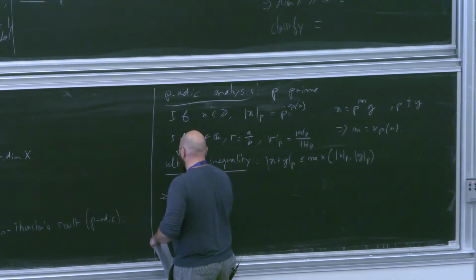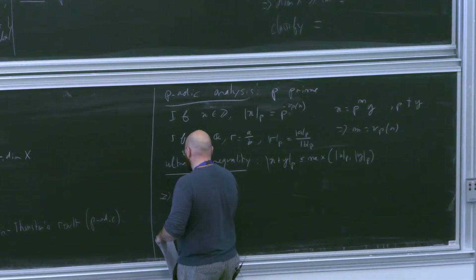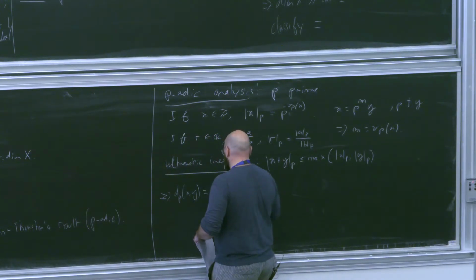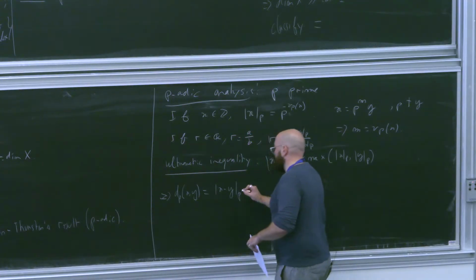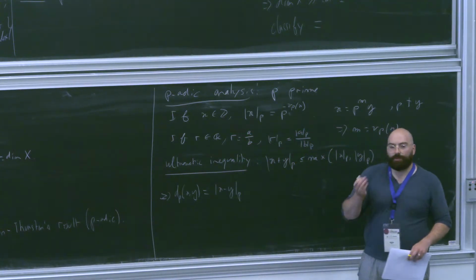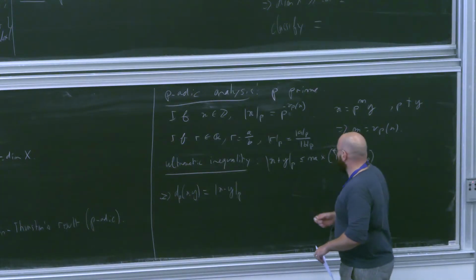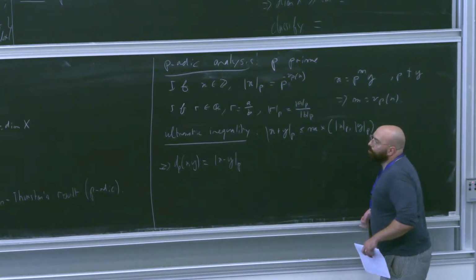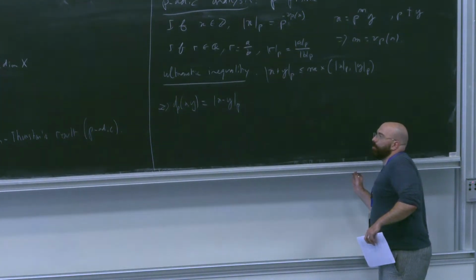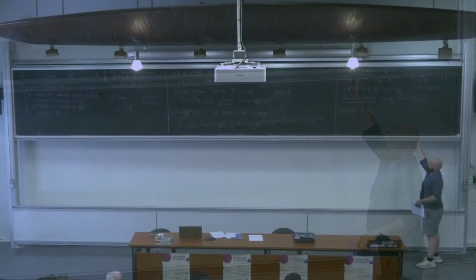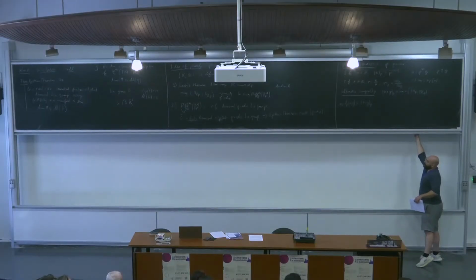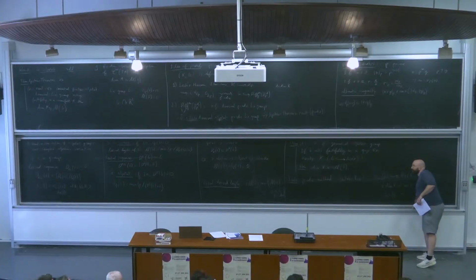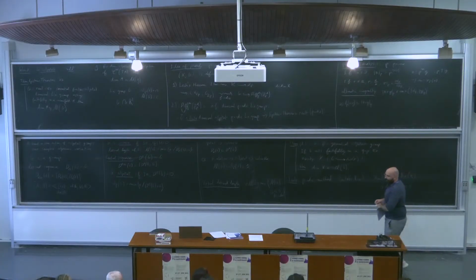So now you have a distance, given by the absolute value of a difference of two elements. This defines the distance over Z, also over Q. And Z and Q are not complete for that distance, so you can take the completion. This is how you define p-adic integers and p-adic rational numbers. I'm not giving too many details, but we saw that last week.